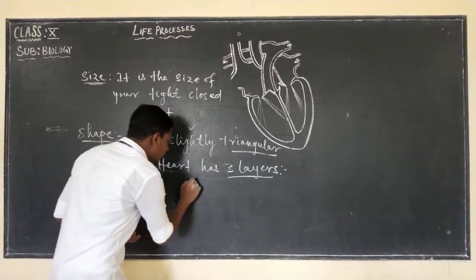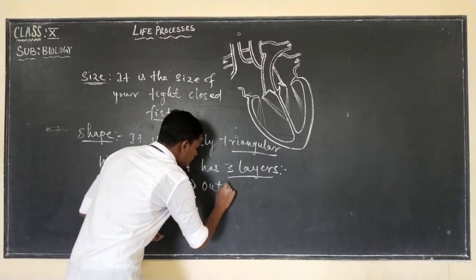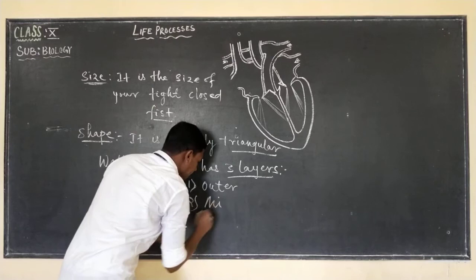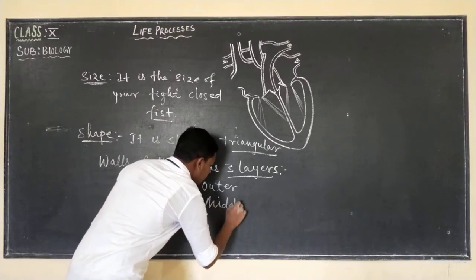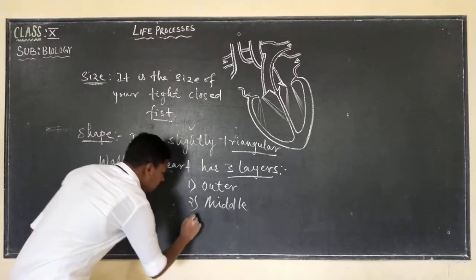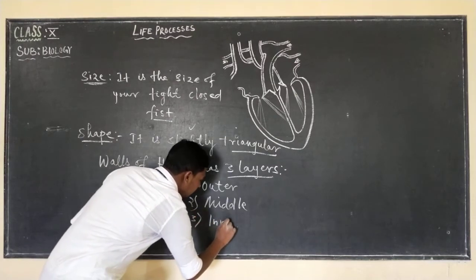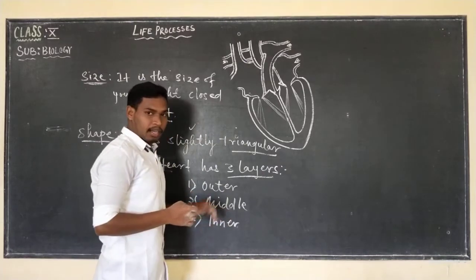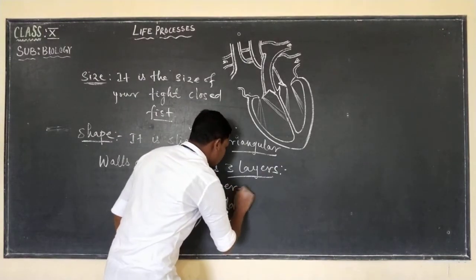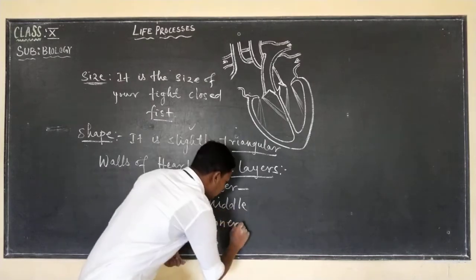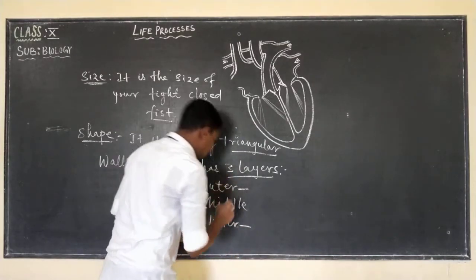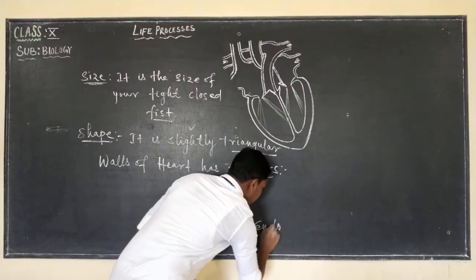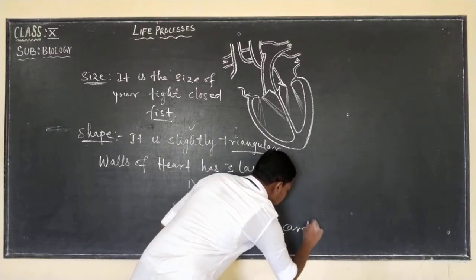Okay, we will see the outer layer first. Outer layer, middle layer, inner layer. There are three layers, right? Outer, middle and inner layer. So the inner layer is known as endocardium.